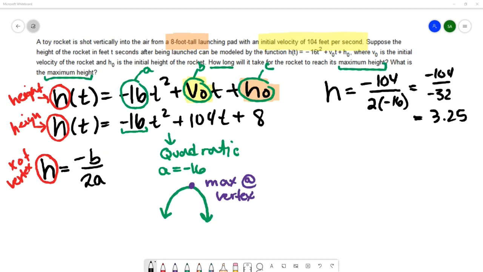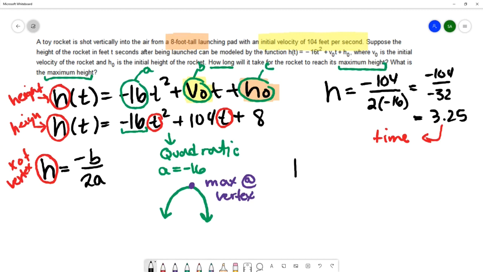The x-coordinate in this particular problem, we're not using x as our variable, we're using t as our variable, so this represents the time. So it's going to take 3.25 seconds to reach the maximum height, and then we want to find that maximum height.